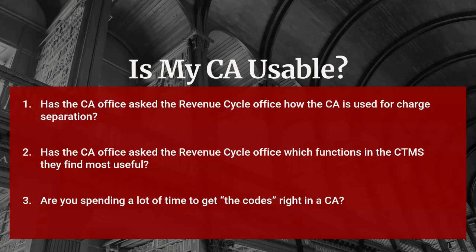Is the CA over-formatted? How's the process going? Are you spending so much time on process that you're actually forgetting to check whether the people who use the CA can use it or not?